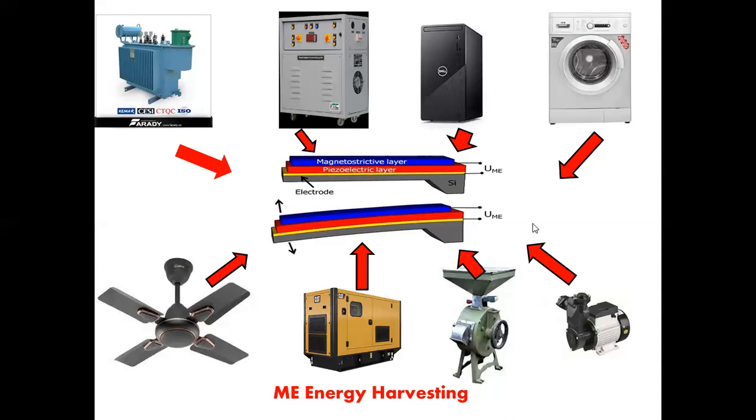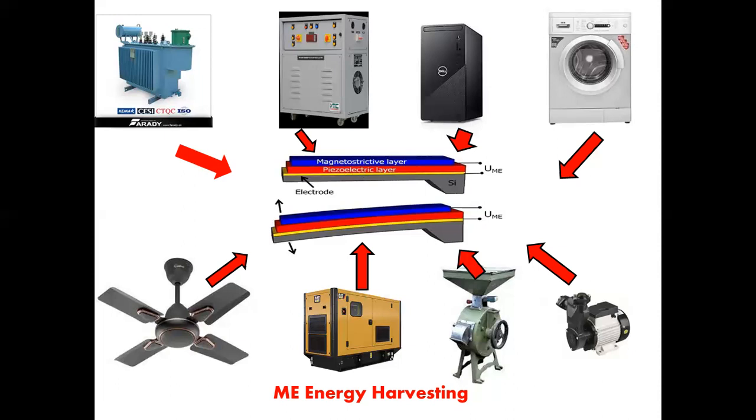So the idea is that these cantilever type things are fabricated with magnetoelectric materials. In these ME harvesting devices, very high response ME composite materials are used, like I showed earlier in the diagram.